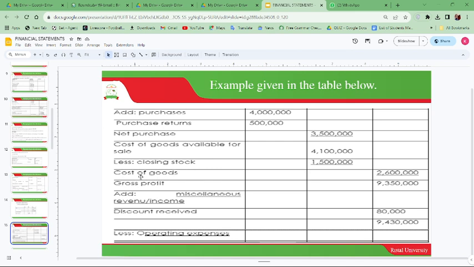To get the cost of goods sold, you take the cost of goods available for sales and less the closing stock to get 2,600,000.